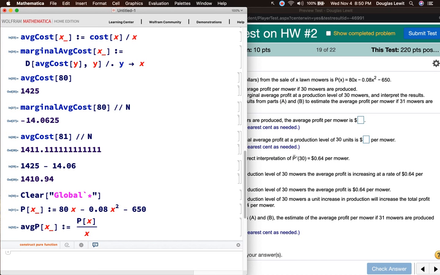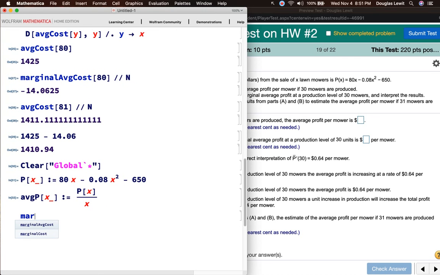And how do we figure out the derivative? Well, you can figure it out by hand, or you can let Mathematica help. The marginal average profit is simply going to be the derivative of the average profit.